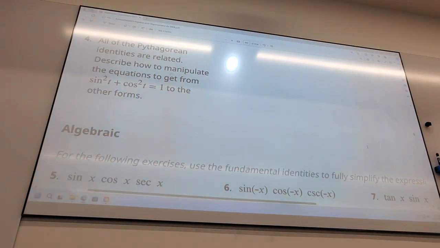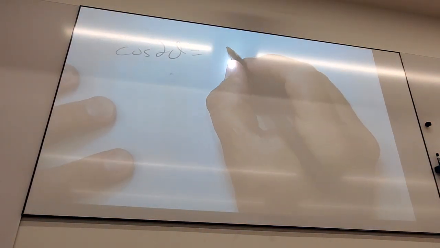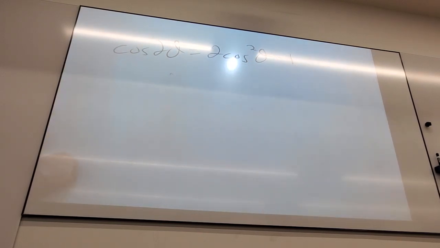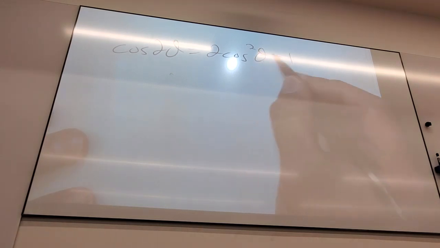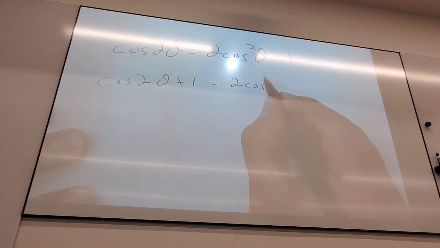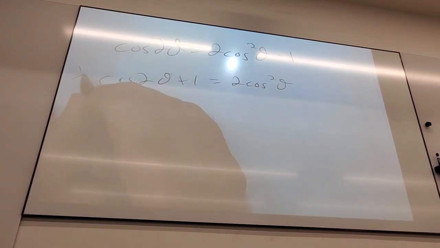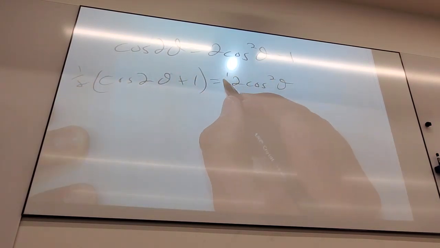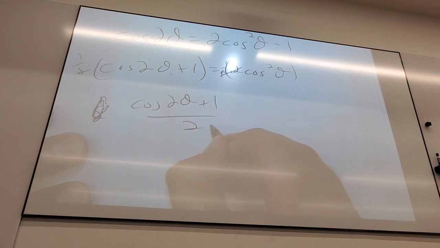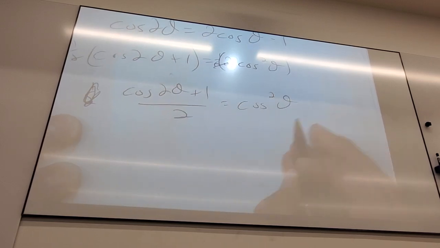If I start from this guy, and I want to solve for cosine, I would add 1, divide by 2, and then I would take a square root.